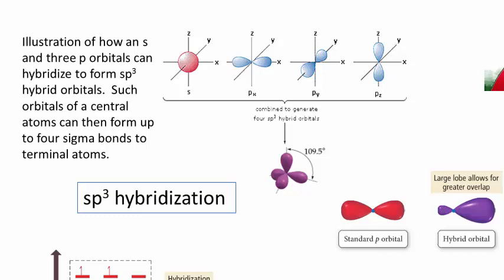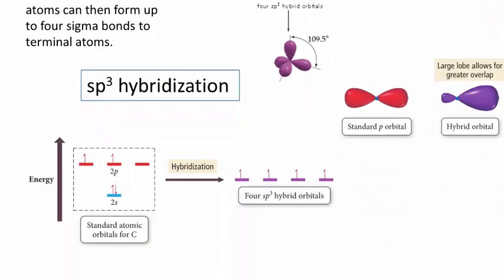Okay, a way that we represent this graphically is shown at the bottom of this slide, where I show an energy diagram showing the electron configuration of a carbon atom, where these are the unhybridized or the normal atomic orbitals, where we would place 2 electrons in 2s and place 2 more electrons in any of the 2p orbitals.